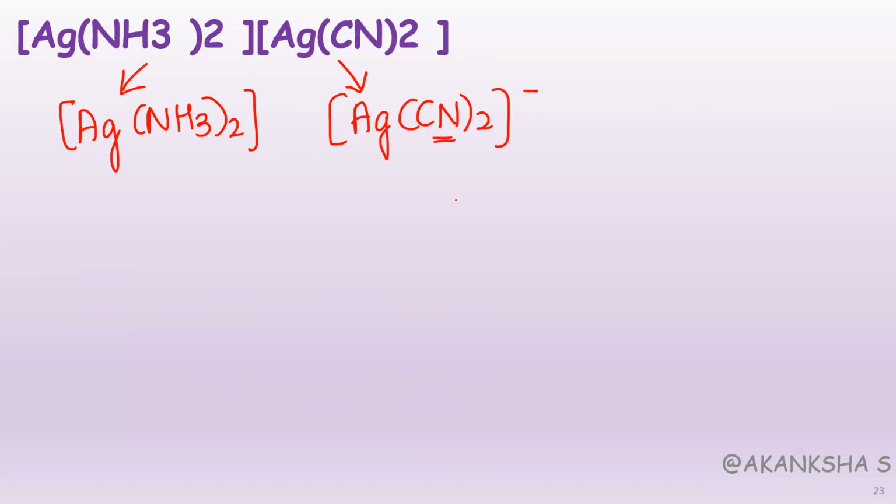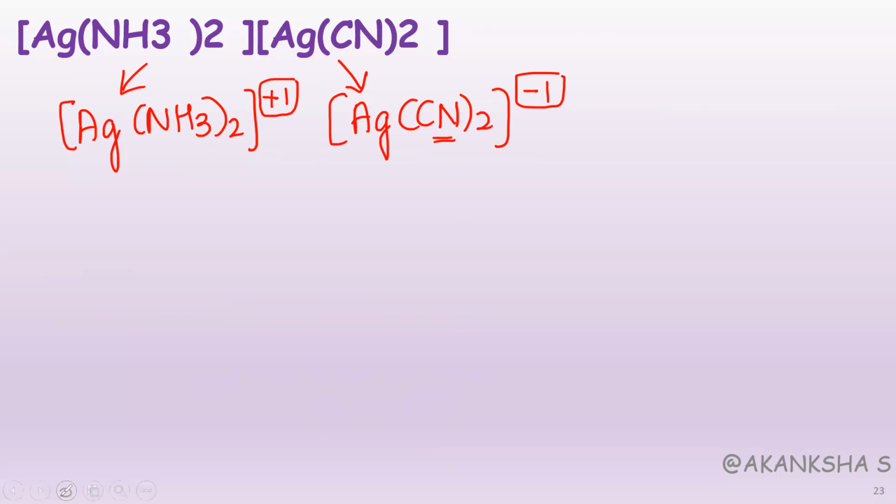Negative what? If you have no other negatives to consider, you consider it as -1. You can't give it as 0 because CN itself is an anion. It is bound to confer a negative charge. If this is -1, what does this become? This becomes +1. Yes or no?